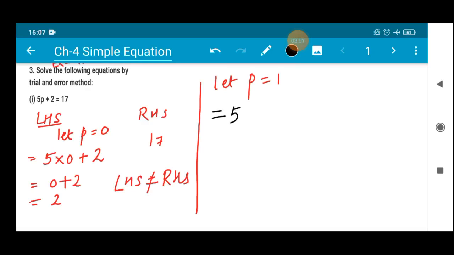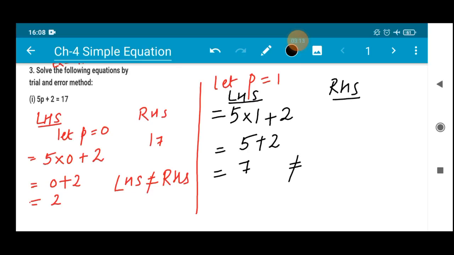Now in the left hand side I'm going to put p, that is 5 into 1 plus 2. So 5 ones are 5 plus 2, which is 7. Again the left hand side and right hand side are not matching, which is 17. So LHS is not equal to RHS.